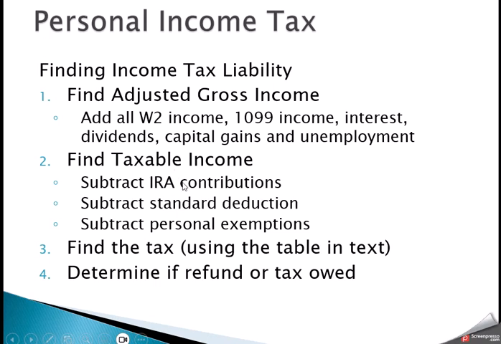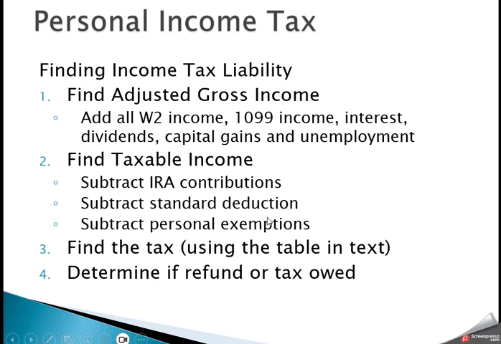We can subtract out IRA, retirement type contributions. We get to subtract out a standard deduction. And then in the textbook, we're subtracting out personal exemptions. Again, the textbook is a little dated in their taxes. They go back to, I think, 2017. But it's just a good example. Again, tax laws change every year, so always make sure you understand that. But in 2017, these were the rules.